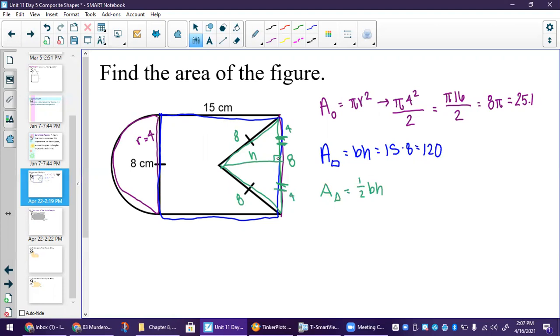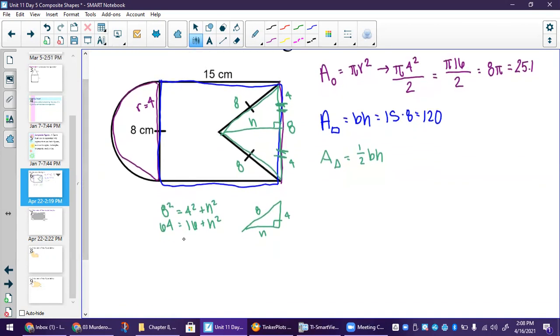If I take this little triangle here, I know it's a right triangle because I drew in the height. I know this is 4, this is 8. I can solve for the height using the Pythagorean theorem. My hypotenuse is 8. 8 squared equals 4 squared plus h squared. 64 equals 16 plus h squared.